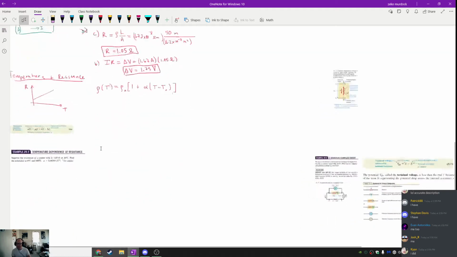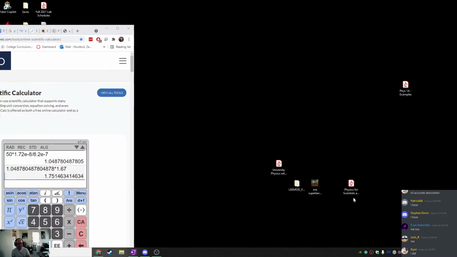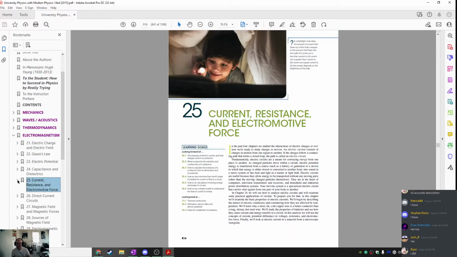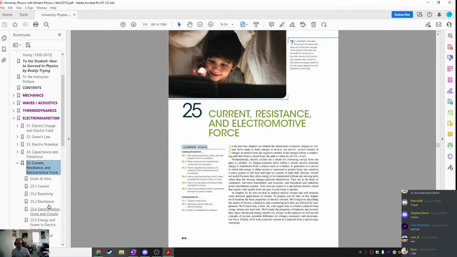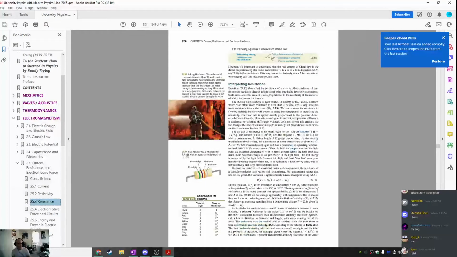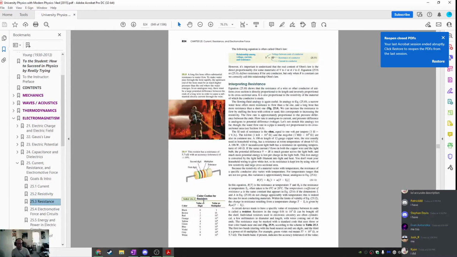So alpha is a number that you're going to look up in the textbook. In the chapter that we're in, they're not in the book.